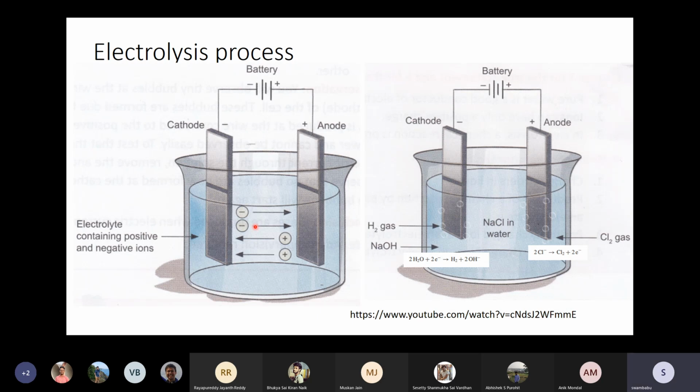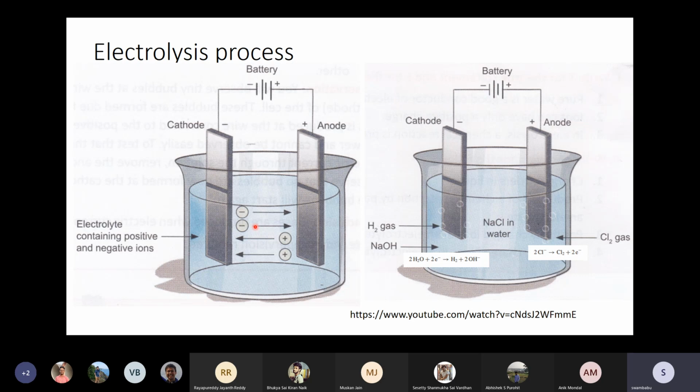Now, some of the ions can undergo a reduction reaction, and some other ions can go through an oxidation reaction.